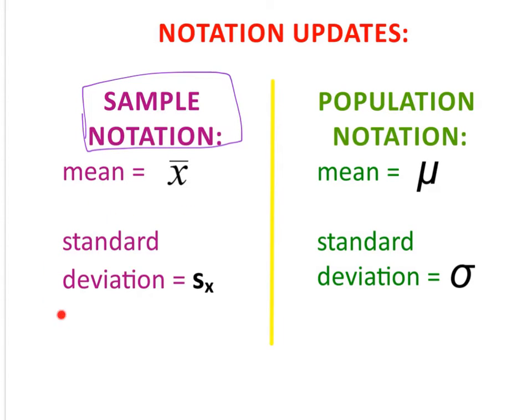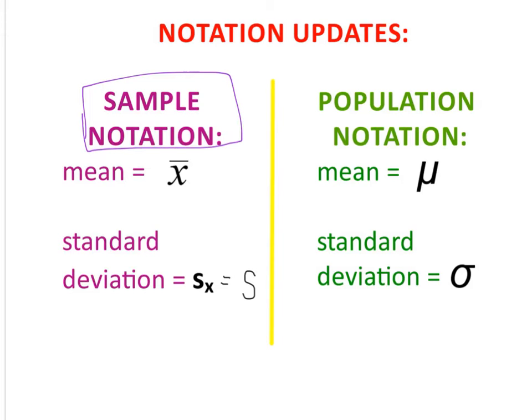And the standard deviation was sx or just s. So this is my sample notation, and this is what we've been dealing with because we've been looking at samples of data. I've given you a data set, and from that set, or that sample, we found the mean and the standard deviation. But we also have what's called population notation.